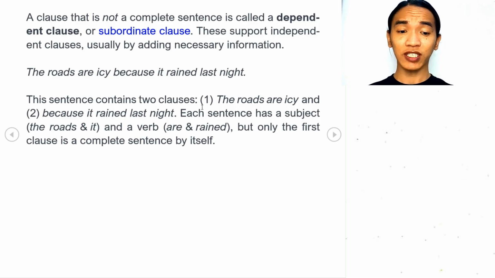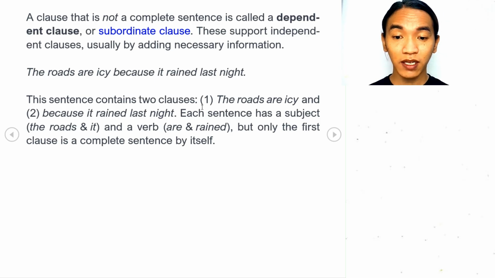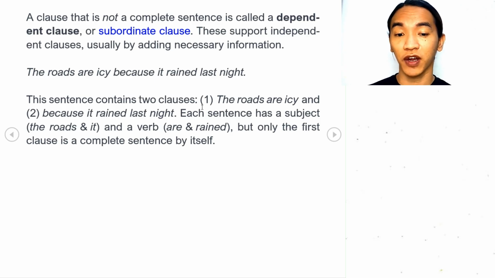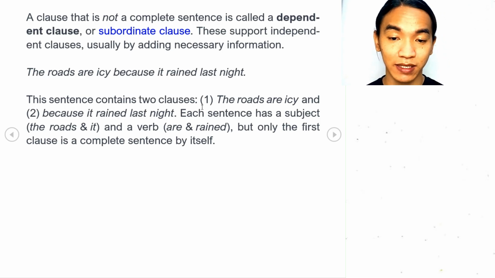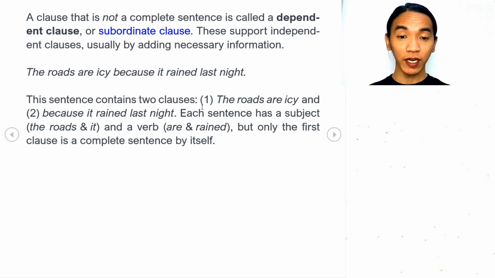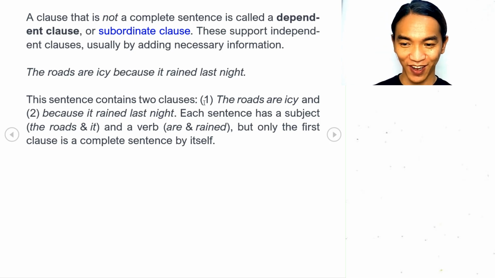Each clause has a subject, the roads and it, and a verb, are and rained. But only the first clause is a complete sentence by itself: the roads are icy. So we want to add more information to it, and we add a dependent clause or a subordinate clause.